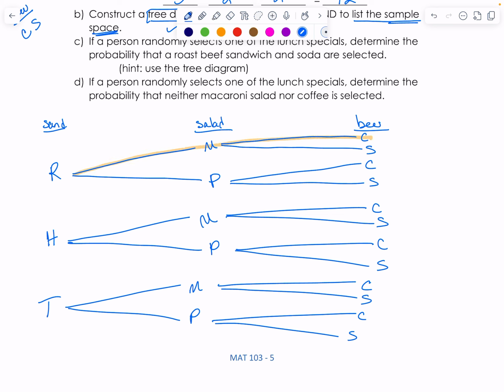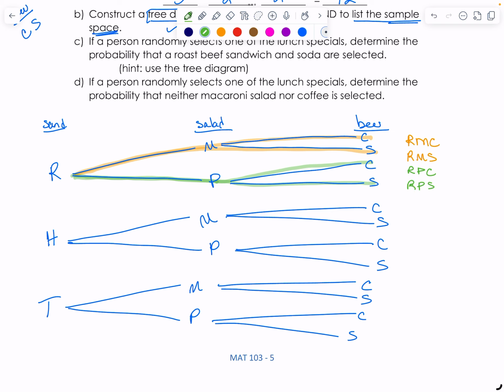That guy, I have a roast beef with macaroni and a coffee. Or I could have roast beef, macaroni, and soda. And now let's see. I'm going to go this way. Roast beef, potato salad, and coffee. And then roast beef, potato salad, and soda.